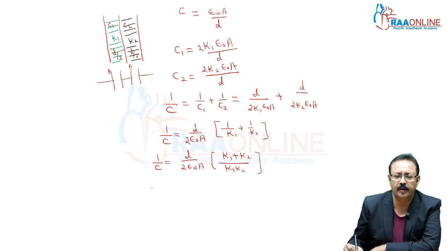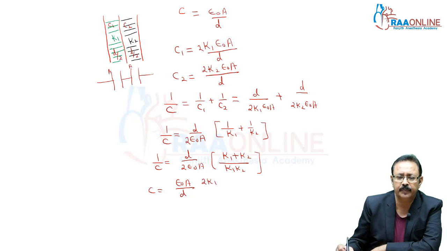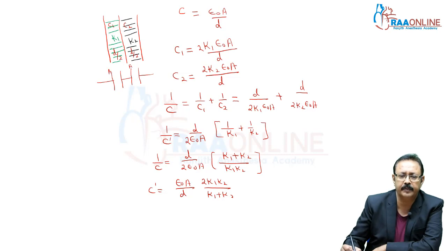So C should now be epsilon naught A by D into 2K1K2 by K1 plus K2. Epsilon naught A by D is the old capacity, and this is the new capacity.